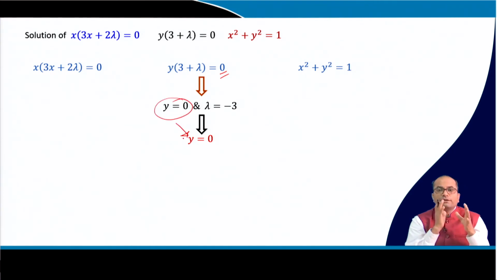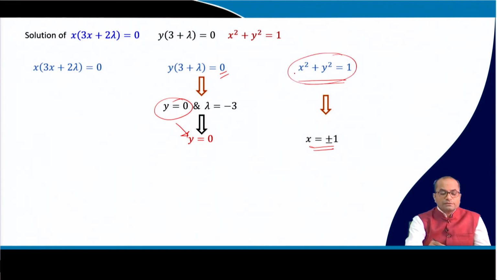So, from here we have fixed the y coordinate, y is equal to 0. Naturally, once we have y, we can get x from the constraint equation, so x will be plus minus 1. Now, y is there, x is there, now we will get lambda so that the first equation is satisfied.